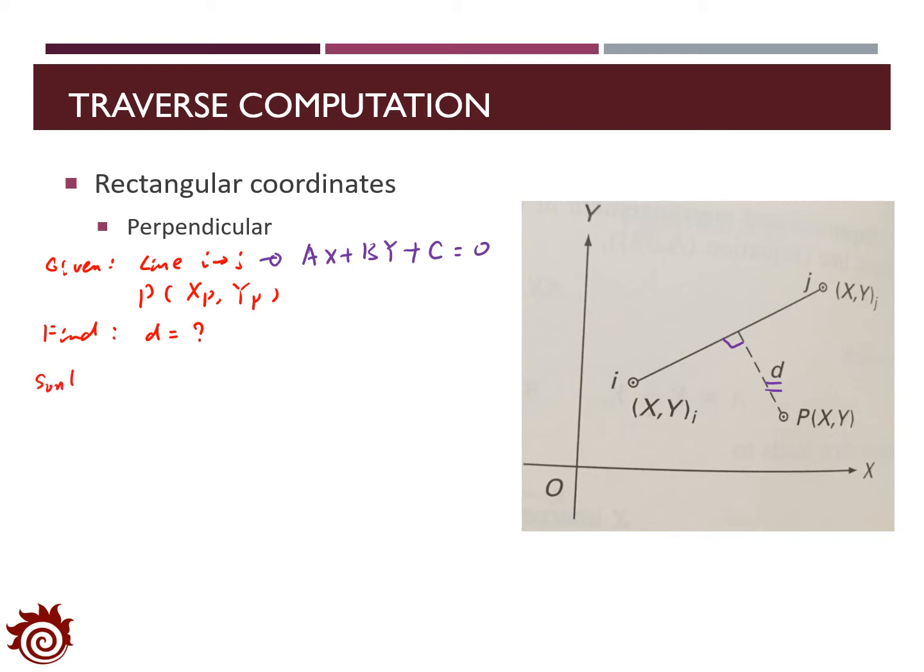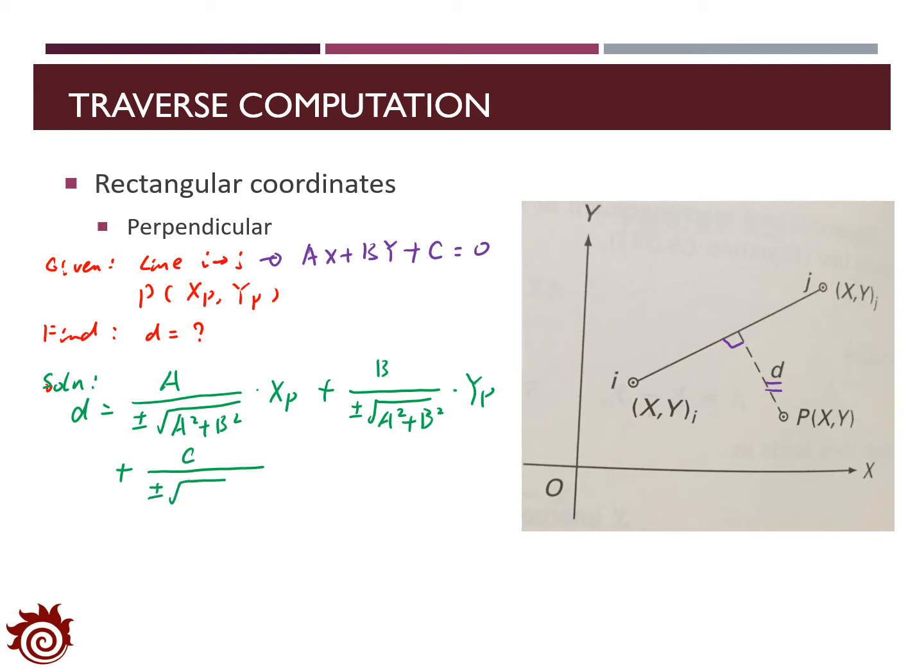So the solution is d equal to a divided by plus minus square root of a squared plus b squared times xp, plus b over plus minus square root of a squared plus b squared times yp, plus c divided by plus minus square root of a squared plus b squared.